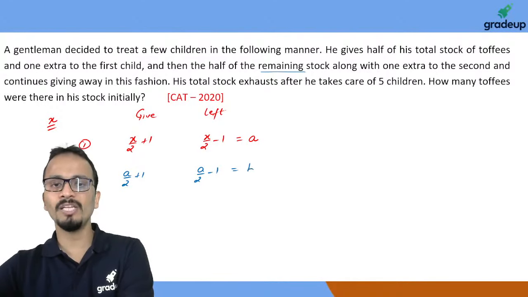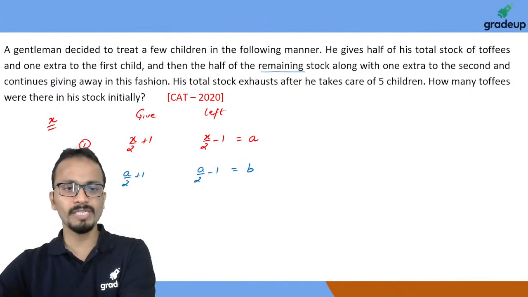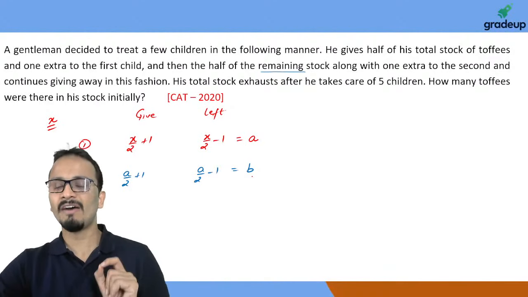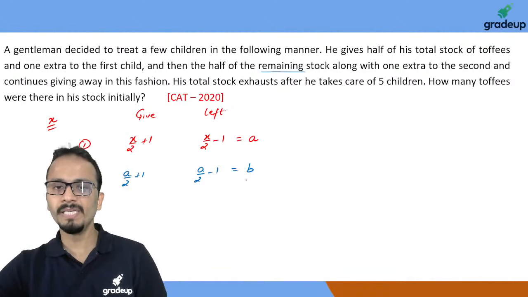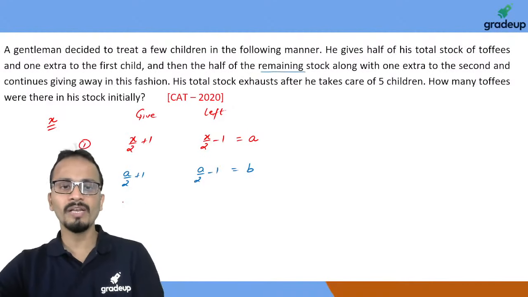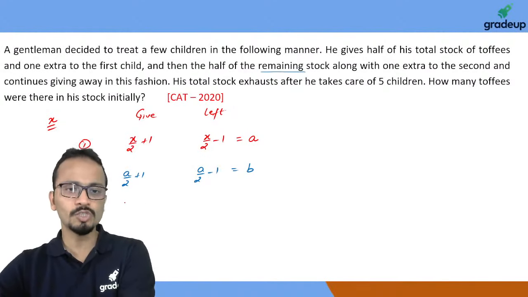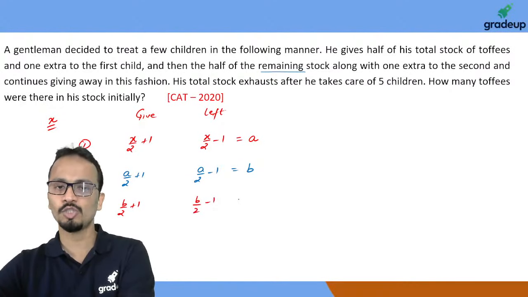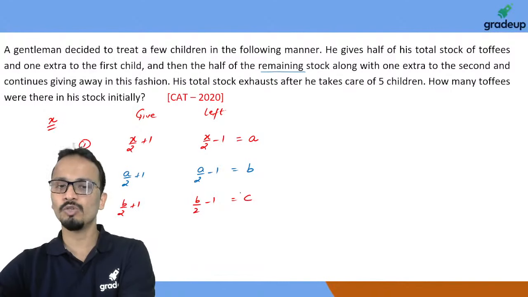Assume that this value is B. You can keep repeating this step. If the number of toffees left after the second child is B, the third child will receive B by 2 plus 1, and the leftover will be B by 2 minus 1. Assume that this is equal to C.